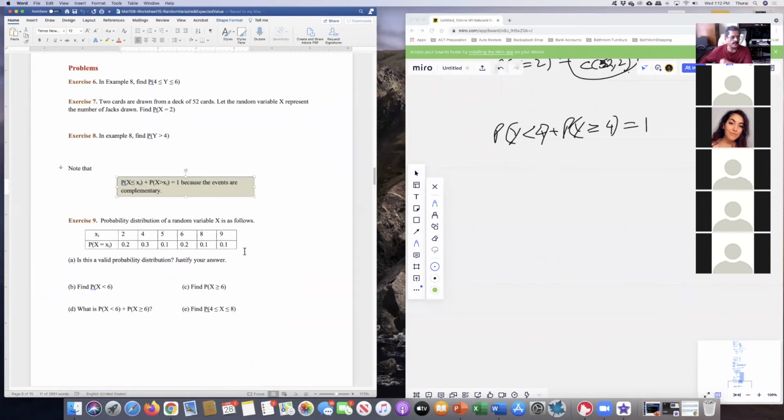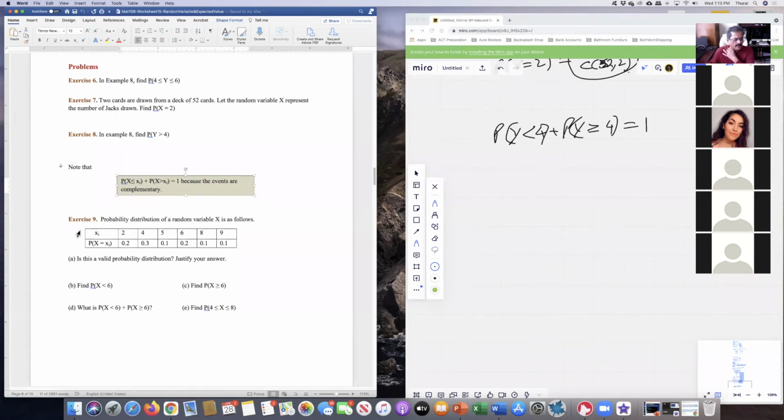Okay, so here is a problem with the probability distribution. This gives you the probability distribution. When they write the table, the standard notation is this. What you write as xi represents the value of the random variable. So these numbers are the values of the random variable.